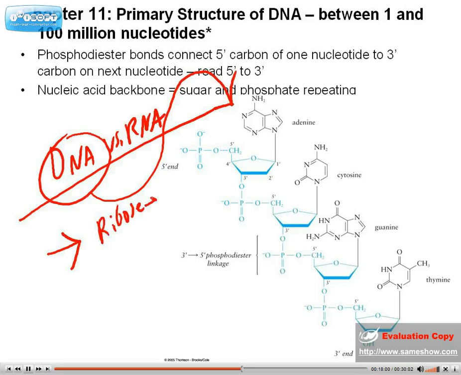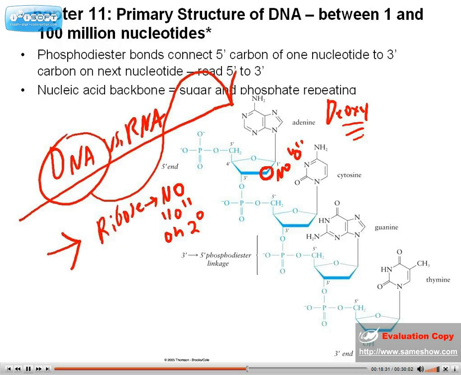There is no oxygen on the second prime carbon. So no oxygen. That's where we get the term deoxy, in deoxyribonucleic acid.